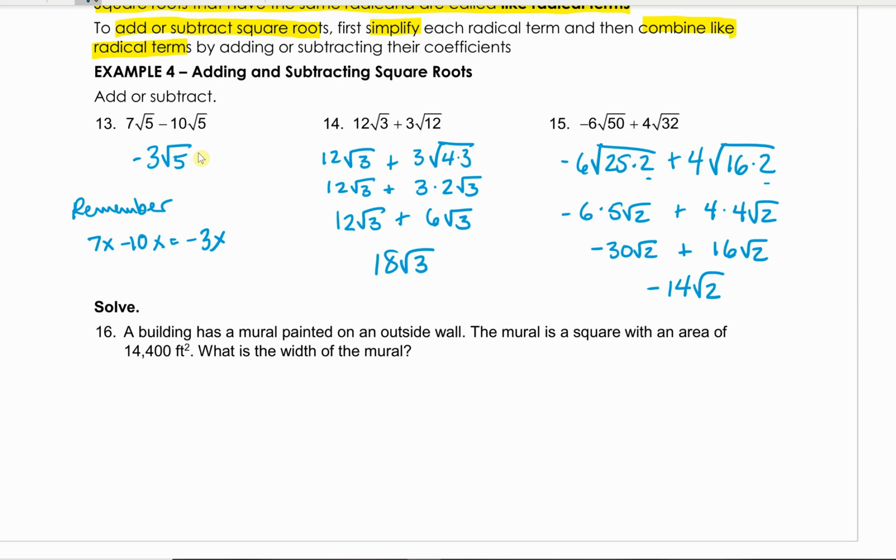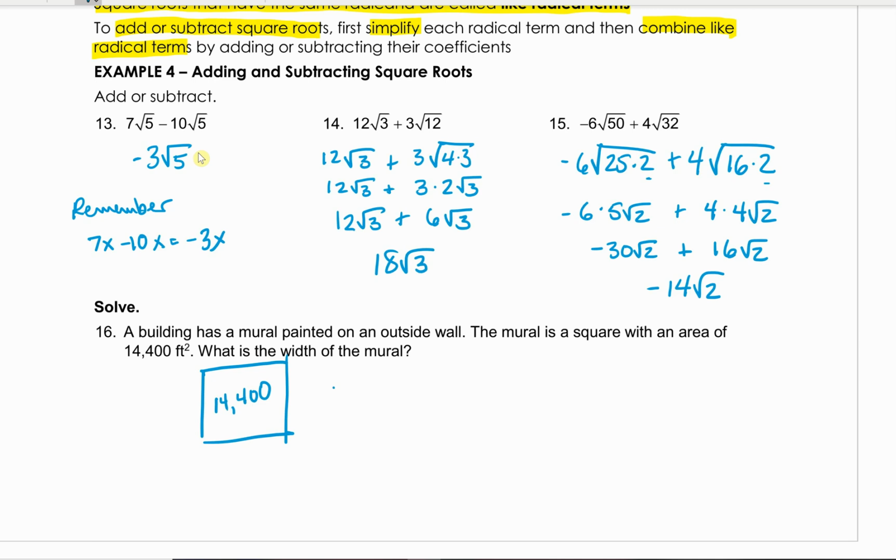16, story problems. This is going to be similar to that problem I talked about at the beginning of the chapter. Building is a mural painted on an outside wall. The mural is a square with an area of 14,400 square feet. What is the width of the mural? So it's a square, and the area is 14,400.